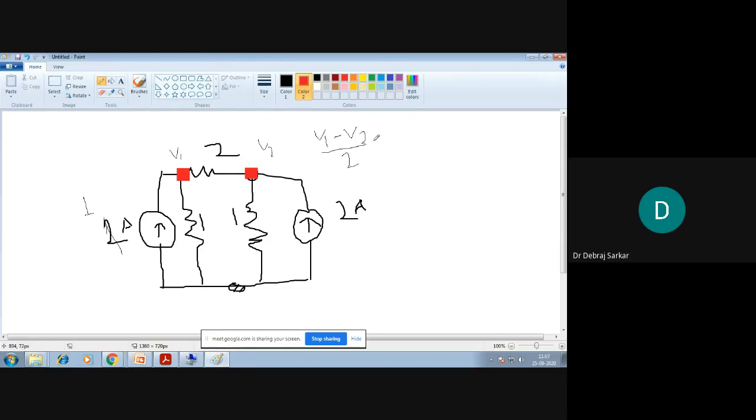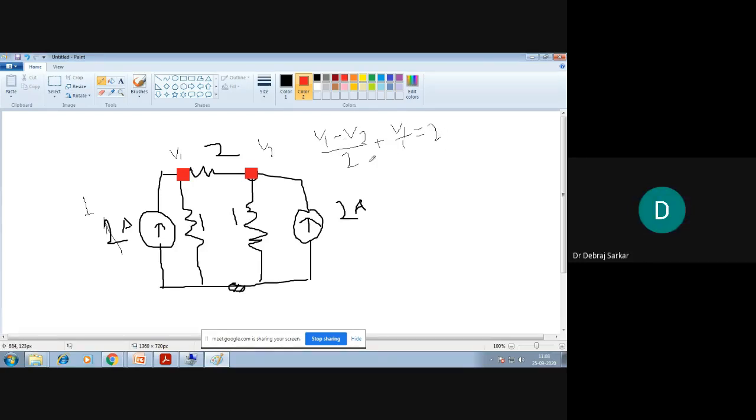I'll write it as 2, since I've given it a value of 2. Plus V1 by the 1 ohm resistance, minus 2, equal to 2, right? Yes, sir.